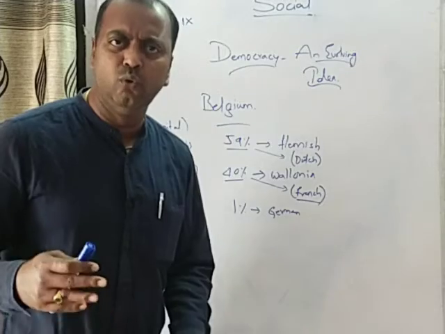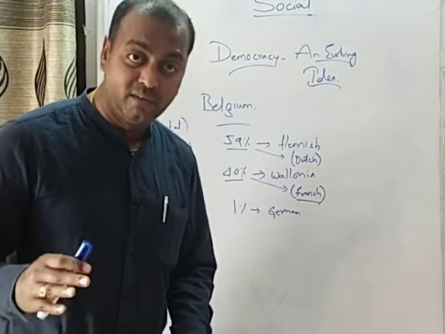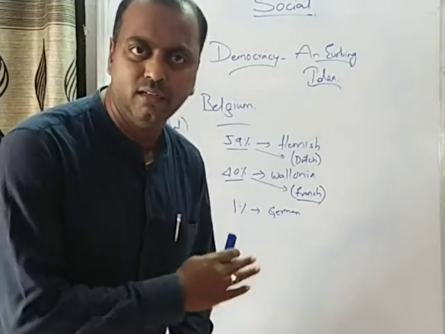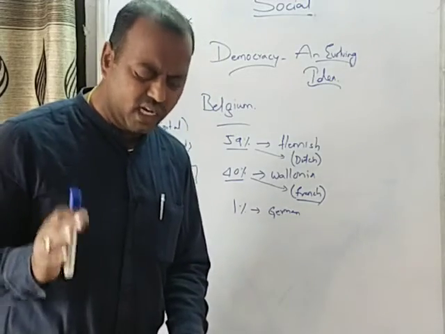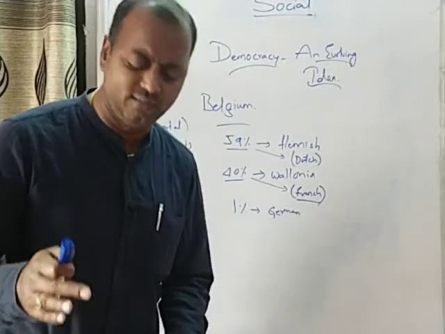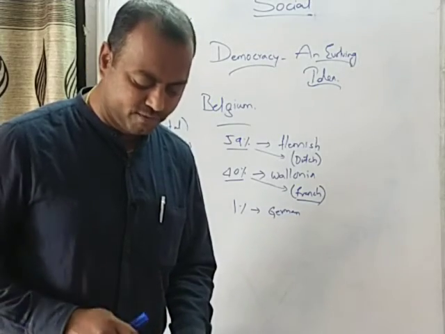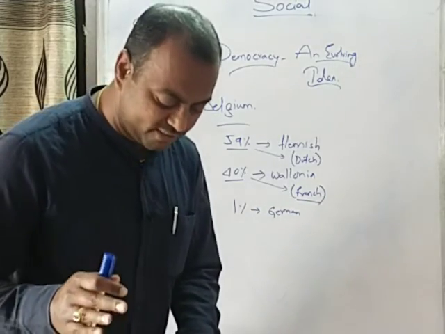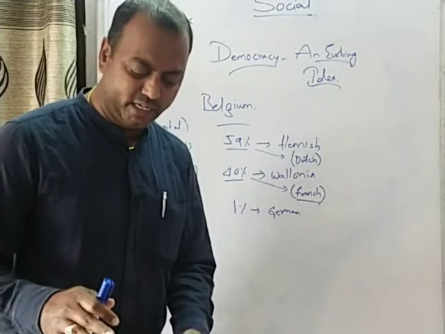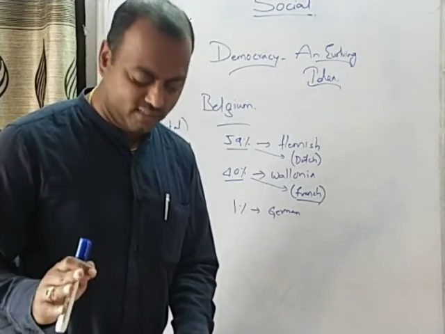Sinhali was made the only official language of the country, which means they disregarded Tamil. The government followed preferential policies that favored only Sinhali applicants for jobs. A new constitution stipulated that the state shall protect and foster Buddhism.